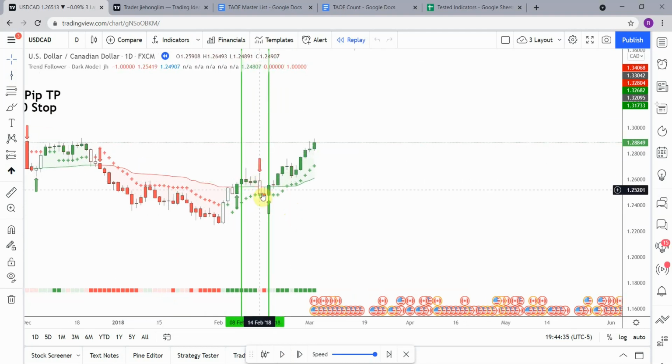Now this red arrow right here, we did not have the red colored bar to go short on that one, and so we ignored that one, but we did pick up another long right here with another green arrow and green bar that accompanies it, and you can see that one pushes up really nicely, getting us to take profit on that one. So let's go ahead and continue on.